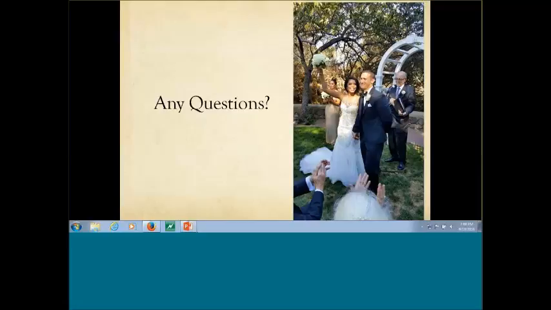I have one question. Yeah. What are some more specific exercises to build up those long muscles back there? All right, so the question was, what are some more specifics that we can do from an exercise standpoint to really help build up the rhomboids, help build up the scapular stabilizers?